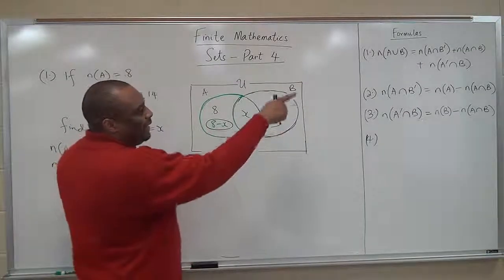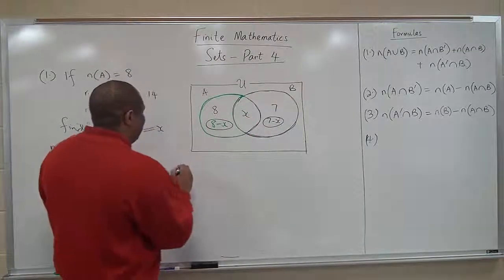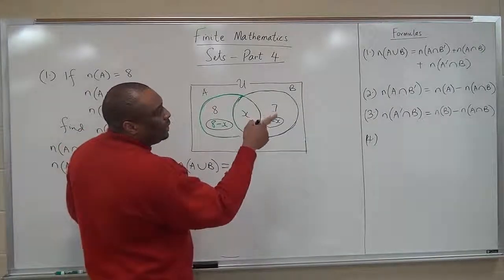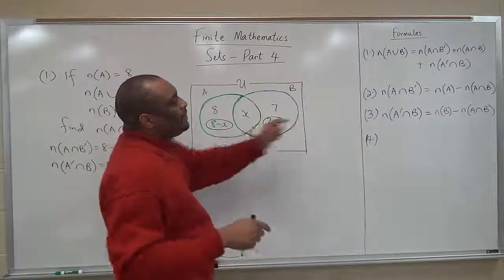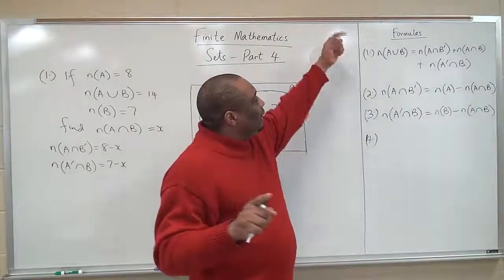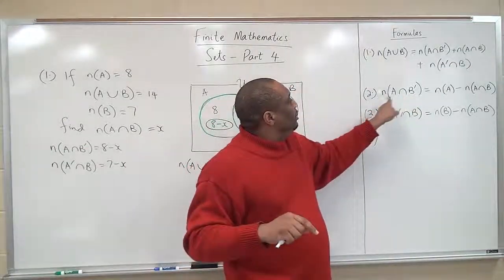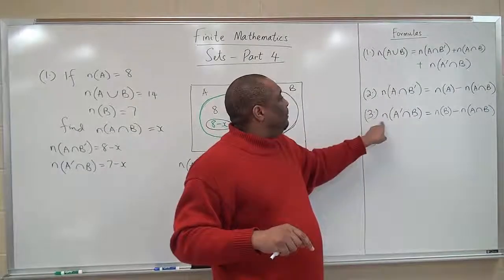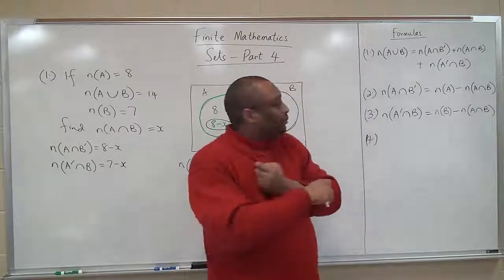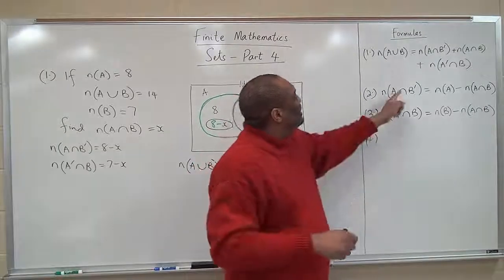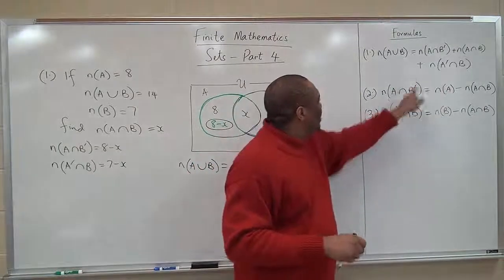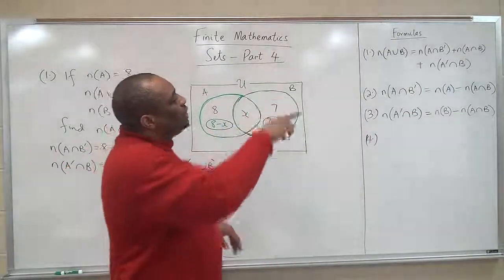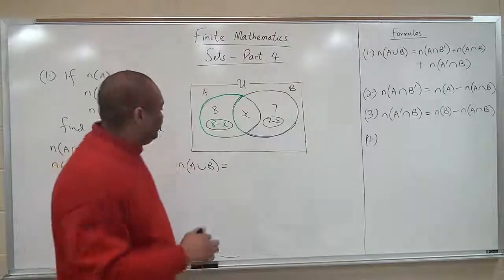If we have to rewrite that from number 1, we have that cardinality of A union B is equal to, let us substitute formulas number 2 and number 3 into formula number 1. So wherever we see this formula, we put in this, and where we see the other one, we put in this.